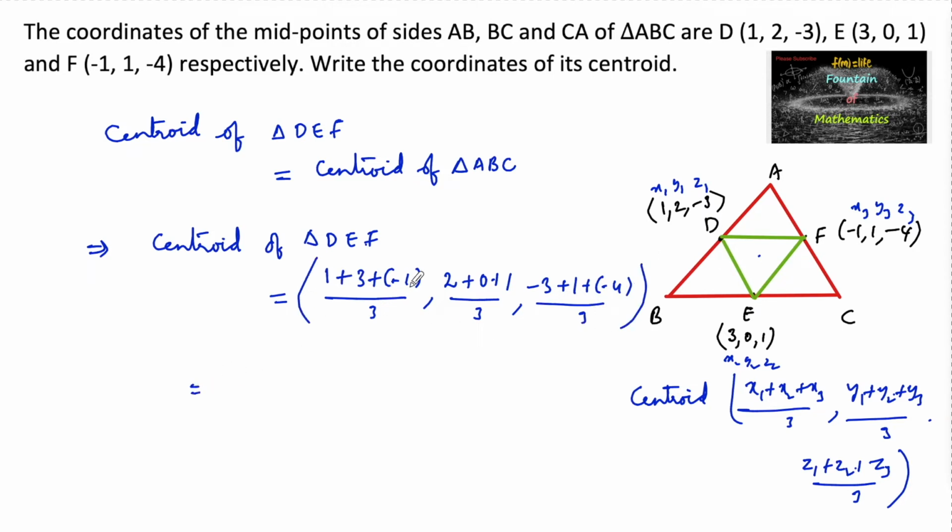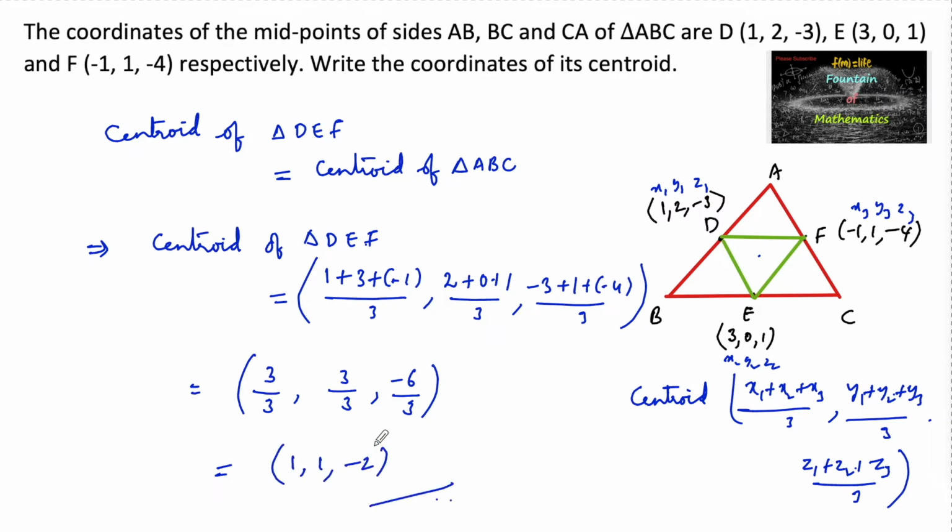So we can add: 1 + 3 = 4, 4 - 1 = 3, so 3/3, comma, 2 + 1 = 3, so 3/3, comma, -3 + 1 = -2, -2 - 4 = -6, so -6/3. So this is (1, 1, -2).